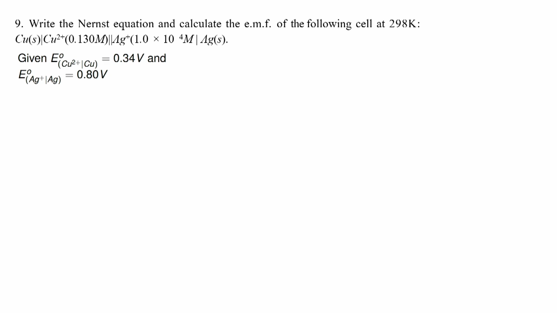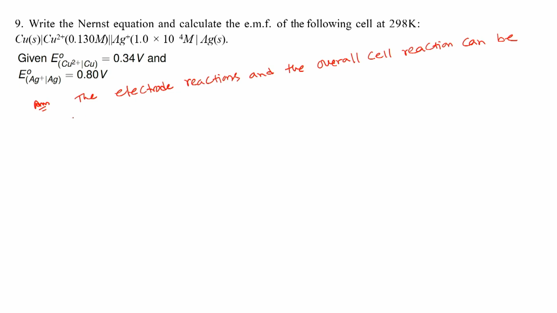So the electrode reactions and the overall cell reaction can be represented as follows. At the anode oxidation takes place.